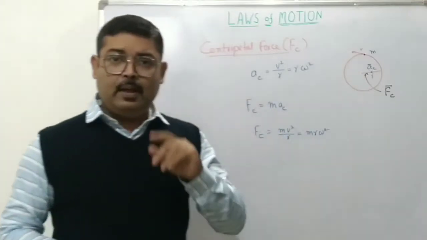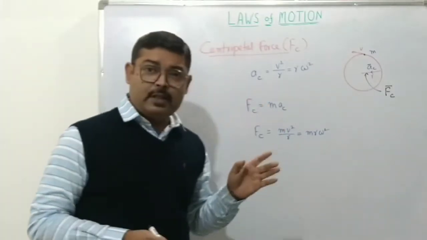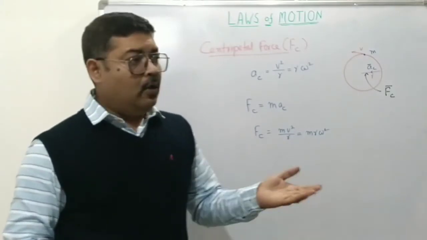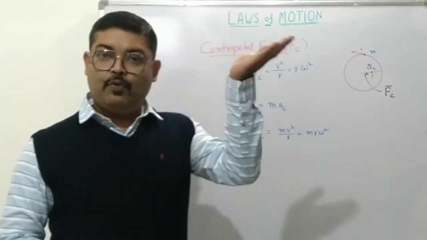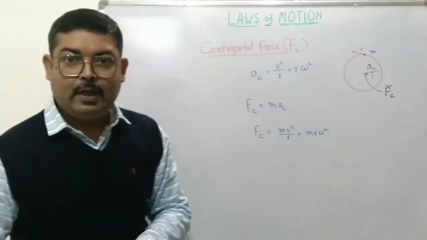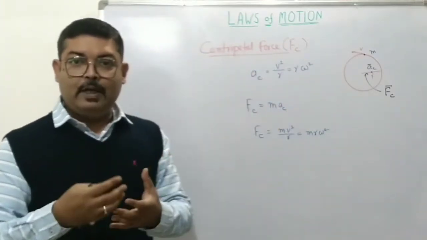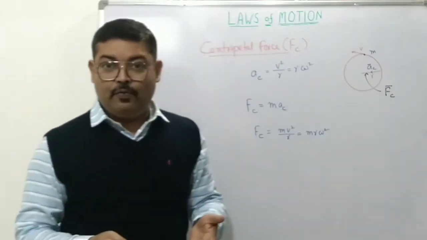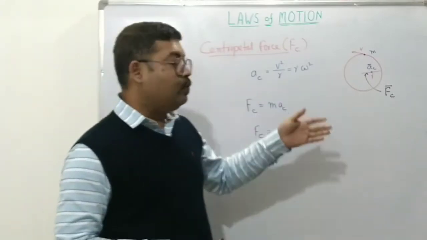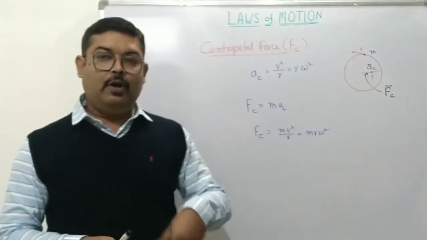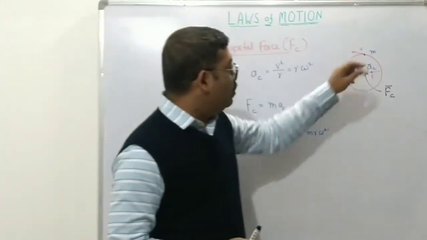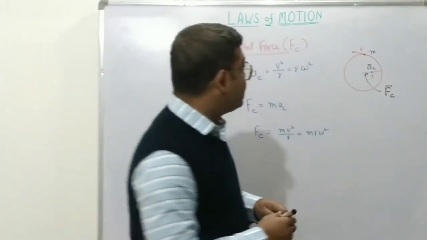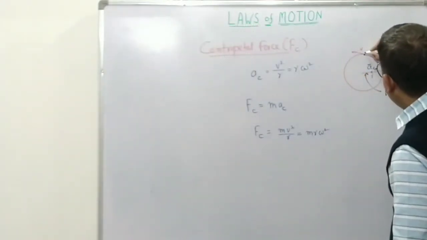Now, if you remember my video on Newton's third law of motion, and after that when we talked about the accelerated motion in a box, whether the box moves upwards with an acceleration or downwards with an acceleration, we see that there appears to be a change in the weight, or in other words, there appears to be an additional force or a reduction of force in the direction of the weight or in the opposite direction of the weight. Here also, when the object is moving in a circular motion, because it's in accelerated motion, it experiences a force in the radially outward direction.